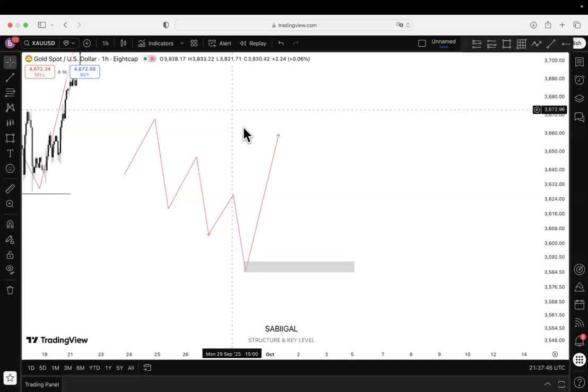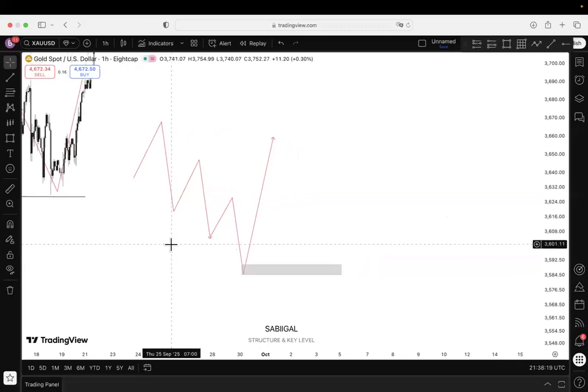Okay, so my question is this: after he broke the first structure, if the market retraced before going to the second one, if you're marking it in an uptrend, do you mark the retracement as your lower high?